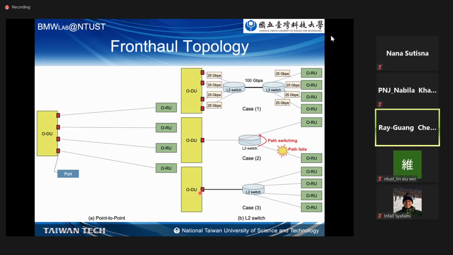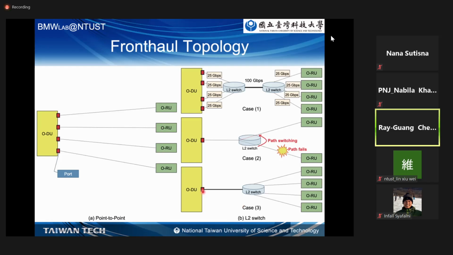But ODU, as we mentioned, you can also put in the cloud. If you want to put it in the cloud, it will not be efficient to use an individual fiber to connect to each RU.